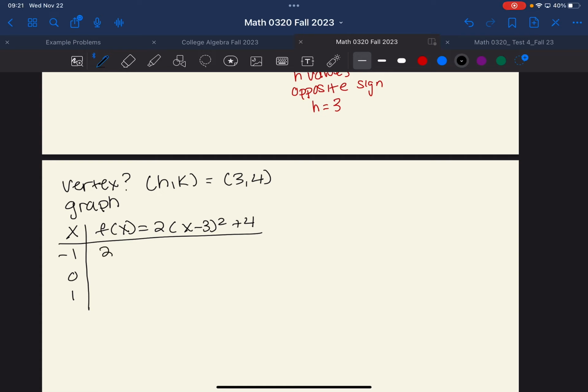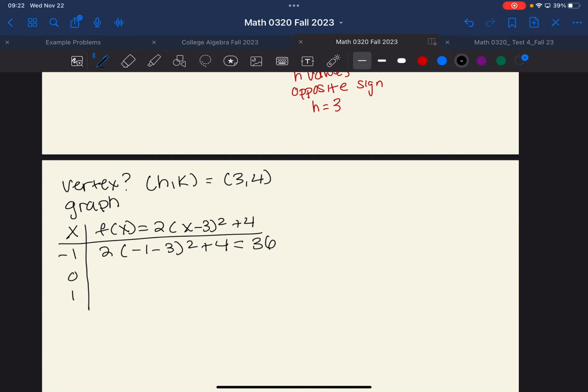So I have 2 times -1 minus 3 squared plus 4. -1 minus 3 is -4. Okay. -4 squared is 16. 16 times 2 is 32. 32 plus 4, 36. Or you could just type that all into your calculator.